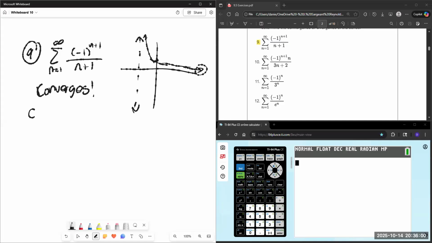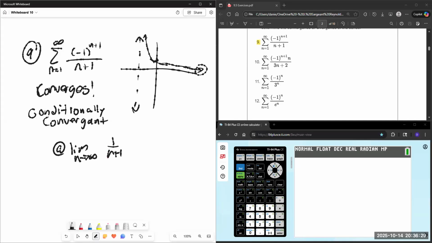So I would call this conditionally convergent, to say that it's convergent on the condition that it was an alternating series. So that's what I mean when I say conditionally convergent. And again, the limit as n goes to infinity of 1 over n plus 1 is equal to 0. There's my first check.